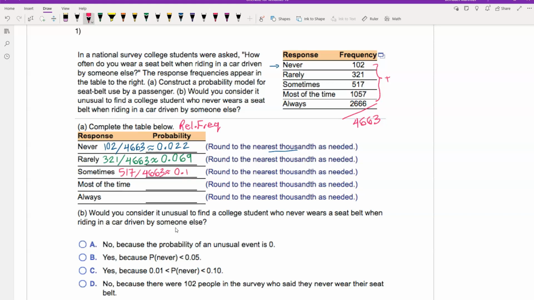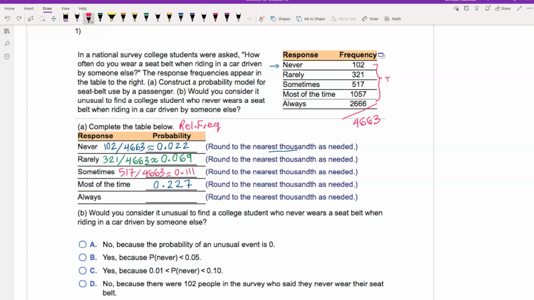Here it is 0.111. Most of the time, frequency divided by sum. Rounding, it's 0.227.